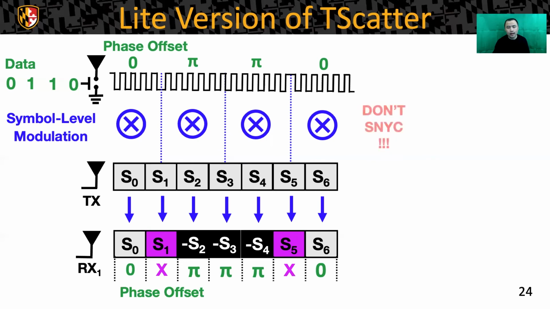The symbols S2, S3, and S4 are modulated by the square waves with a phase of pi, so their phases are inverted. The symbols S1 and S5 are modulated by both square waves with a phase offset of 0 and pi. Their phase offsets on different subcarriers are different.